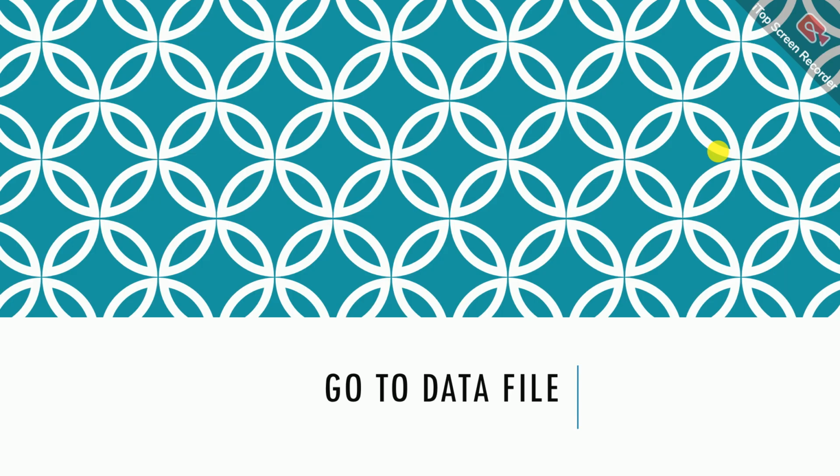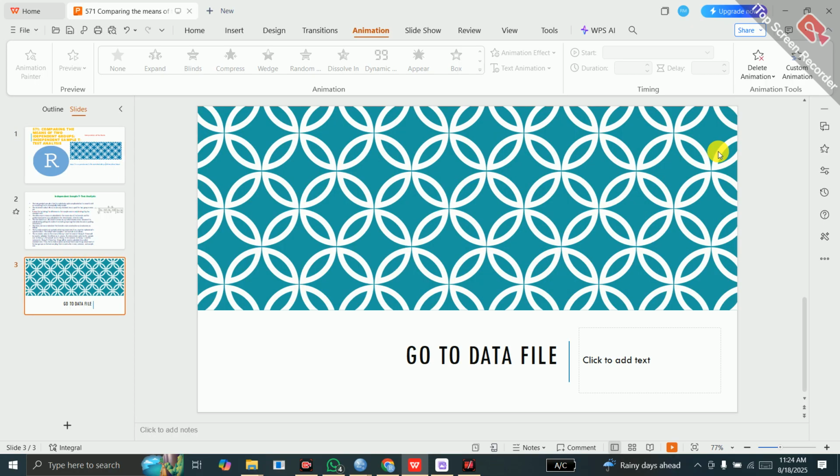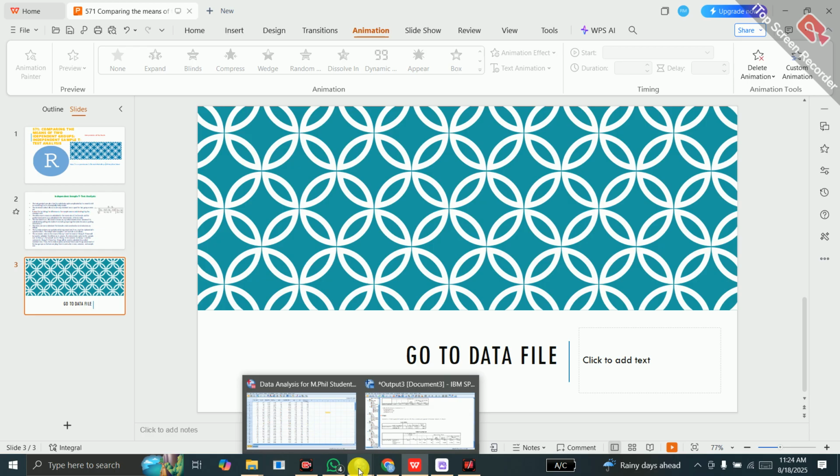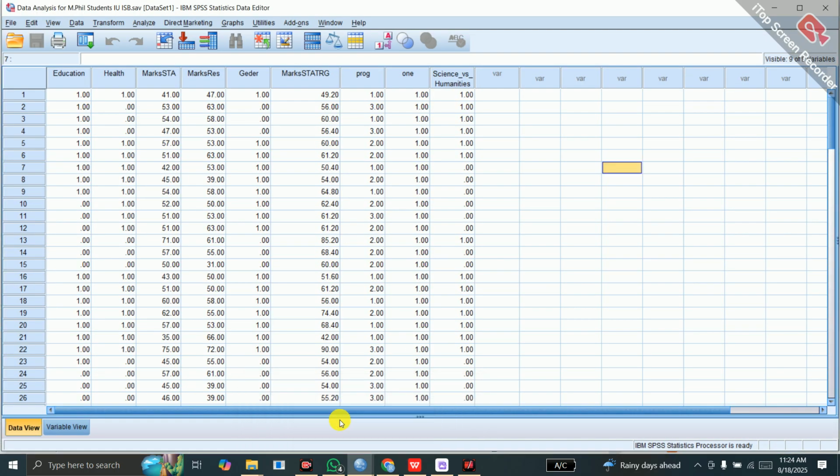In order to compute the difference between the means of the two independent groups, let me go to my data file, and the data file is the same that I have been using for the last couple of videos.